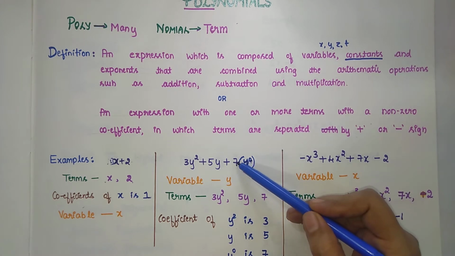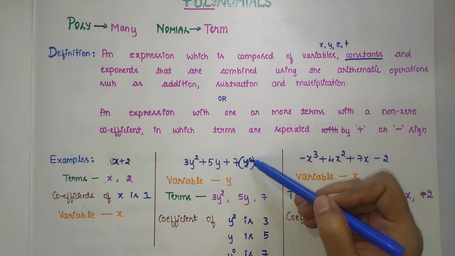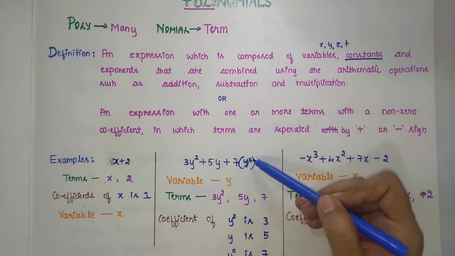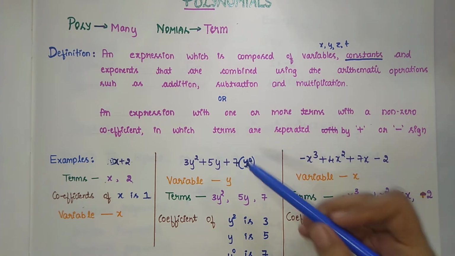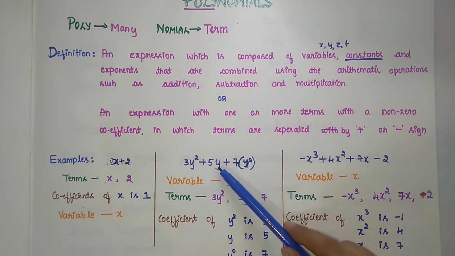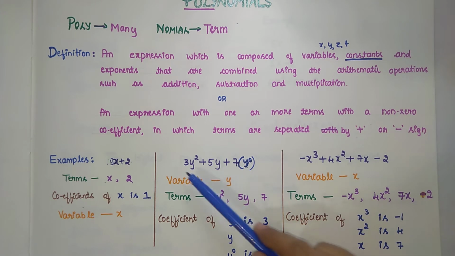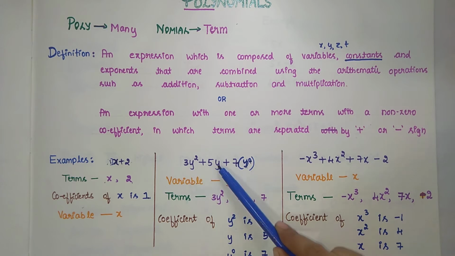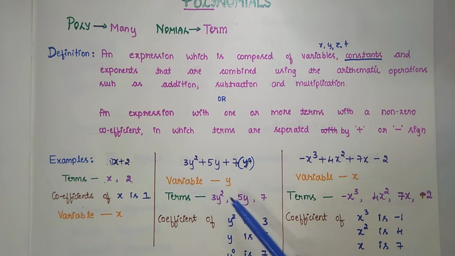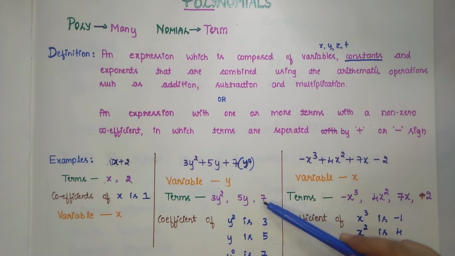If we have any number, then that number is multiplied with any variable with the exponent 0 or the power 0. So in this example the variable is y. We have only one variable, and we have three terms here. 3y square is one term, 5y is the second term and 7 is the third term.